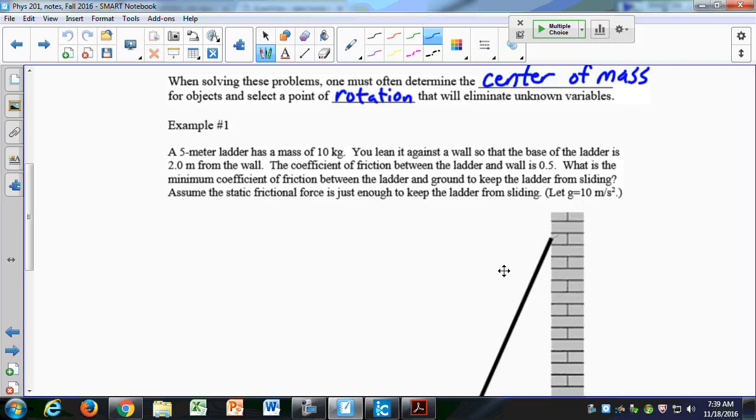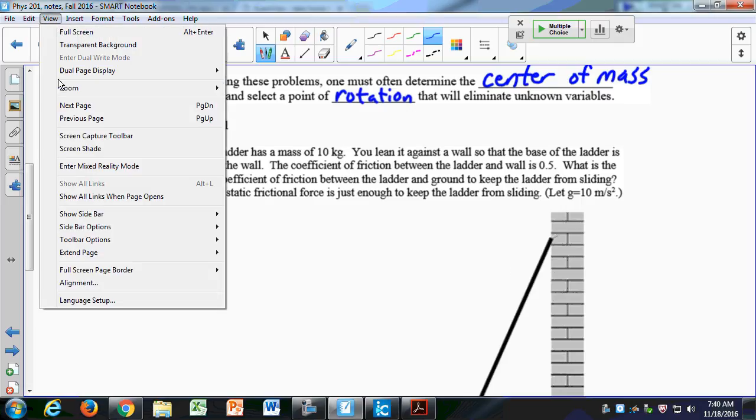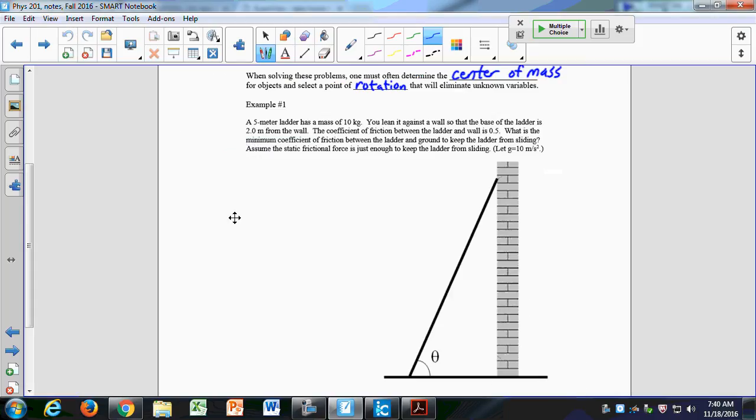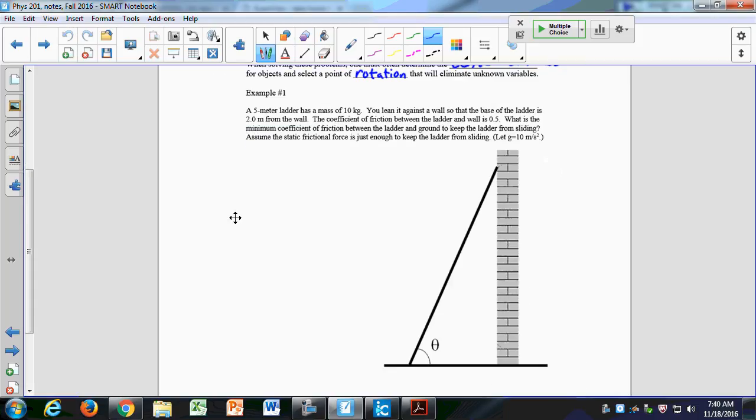All right, so let's try this one. What are the forces that are acting on this bar? Go ahead and write out some of the forces. Also realize that we have friction both on the wall and on the ground. All right, I have a weight that is acting right here. Do I know the angle theta? I don't, but I do know that this distance is 2 meters and this distance is 5 meters.